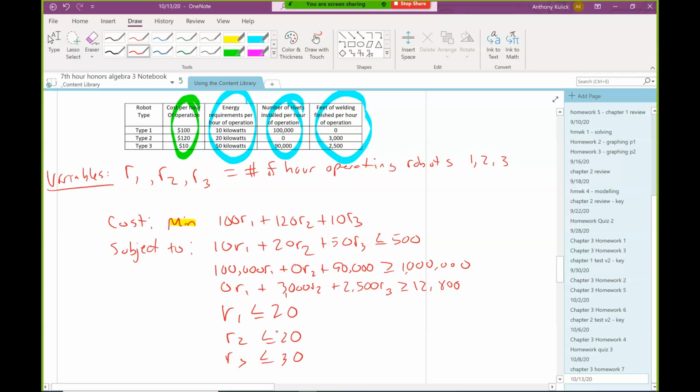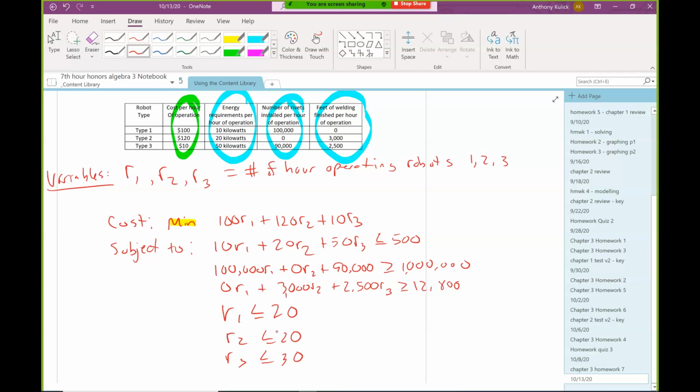I would say that there's one other subtle requirement here that I think needs to be included. It has to do not with anything necessarily in the story, but just with reality. Maya? Right, so we have to make sure that the values for R1, R2, R3 really can't be negative numbers, particularly when you're doing a minimization problem, so you have to be cautious of that.